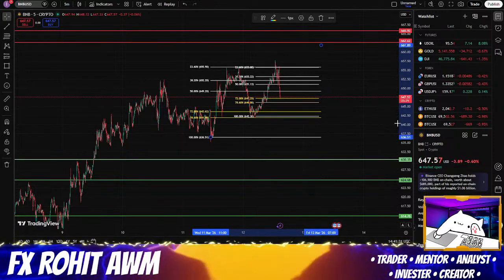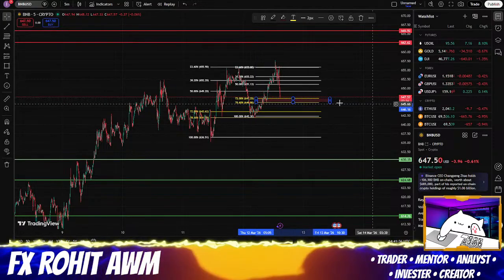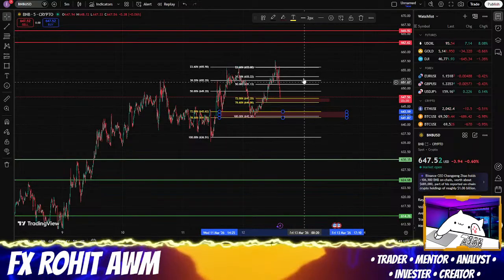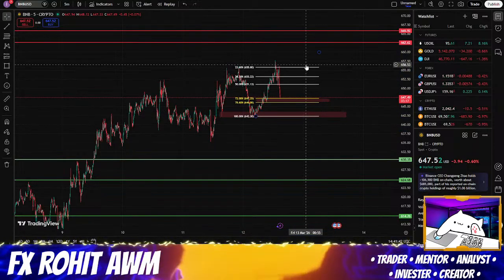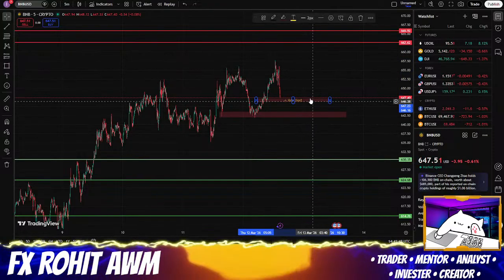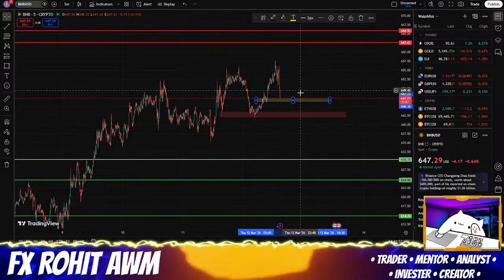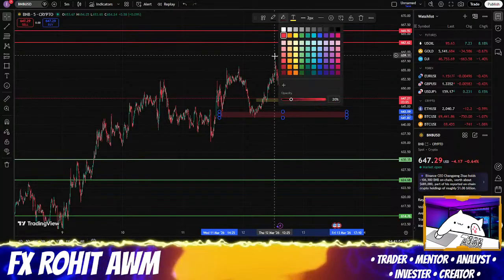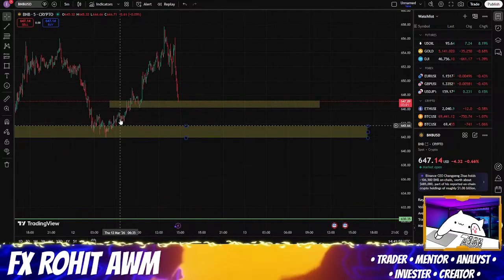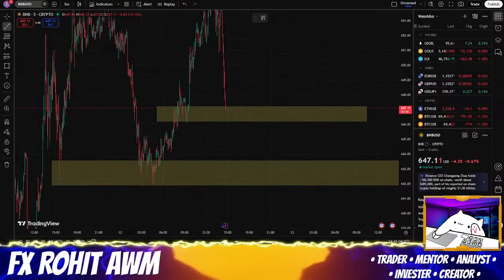Okay, so first of all, guys, we mark this level for entries. So this zone is very critical for the trade. Okay, because guys, at that point the market really grows up if the market has any bullish structure.